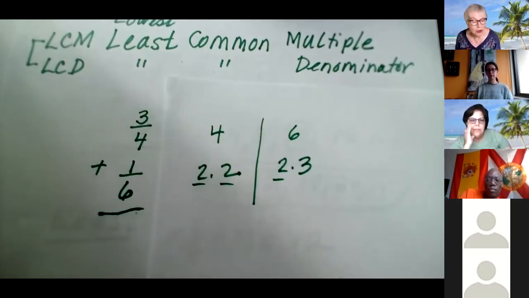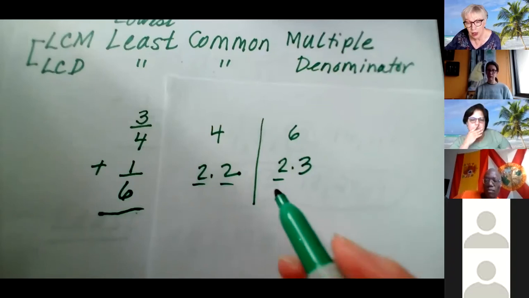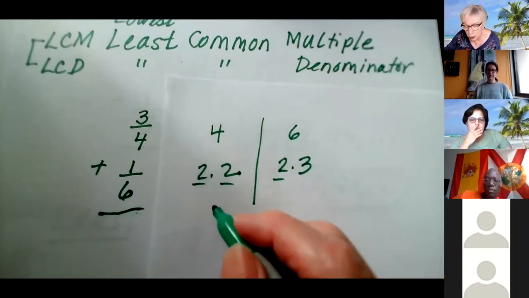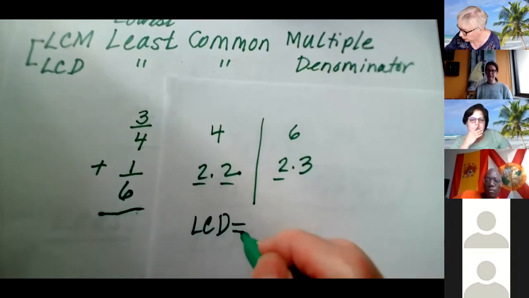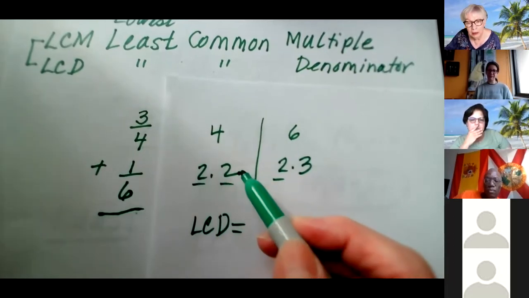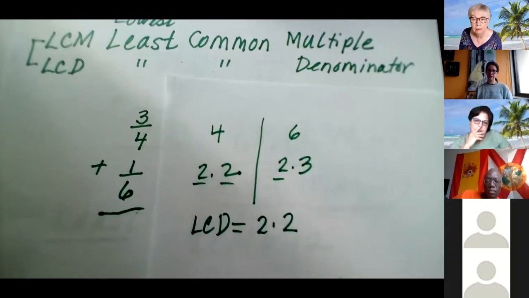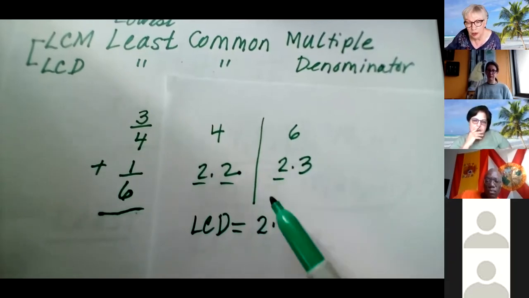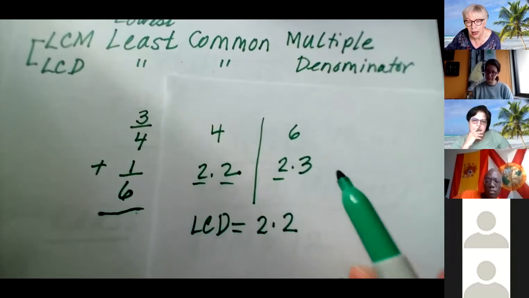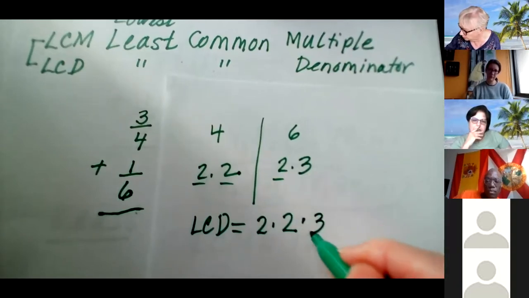And the rule they use, and sometimes it's hard to explain, is that if you know the primes, you take the most 2s for the least common denominator. One of them has a pair of 2s, so I would take the most 2s. I don't have to take this one because it's already covered by these. And the most 3s.